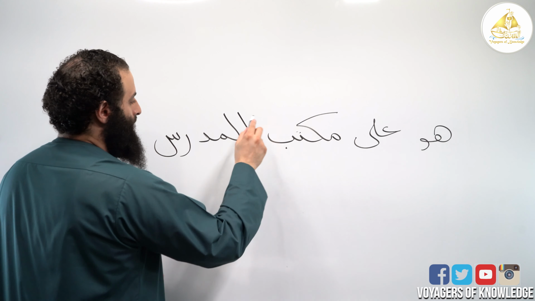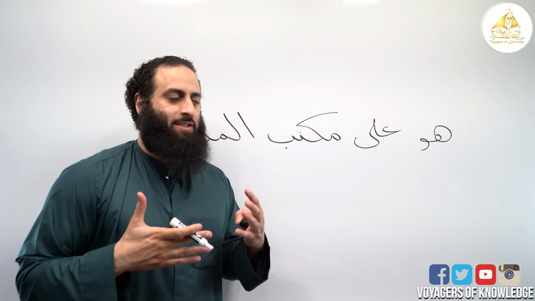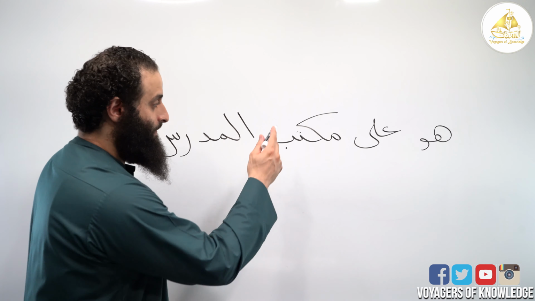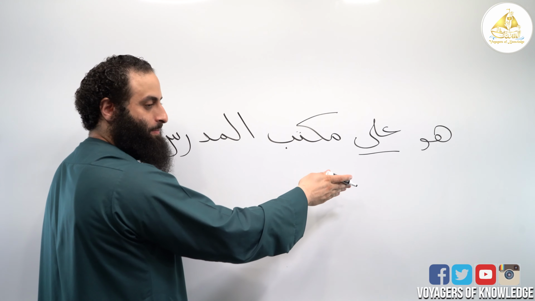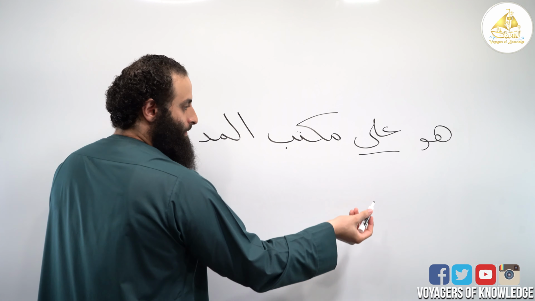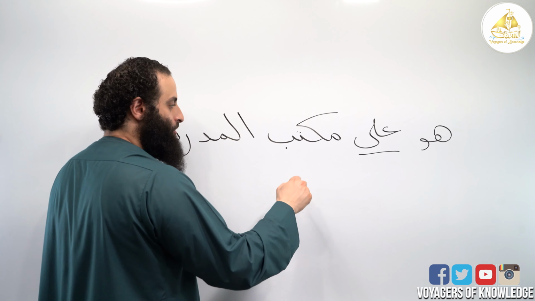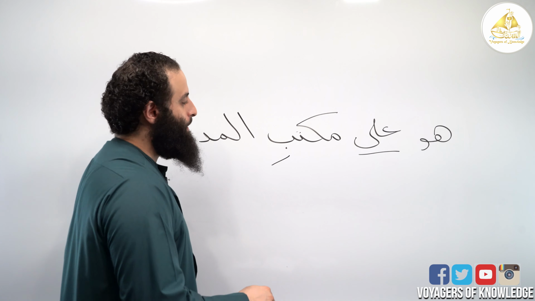Maktab al-mudarrisi. Remember, the mudaf, just because it's a mudaf, it doesn't mean it's going to have a fatha, kasra, or dhamma. It's going to be affected by the word before it. هذا حرف جر. هذا حرف جر. فماذا حرف الجر يجعل ما بعده مجرور. حرف الجر will make what comes after it majroor.